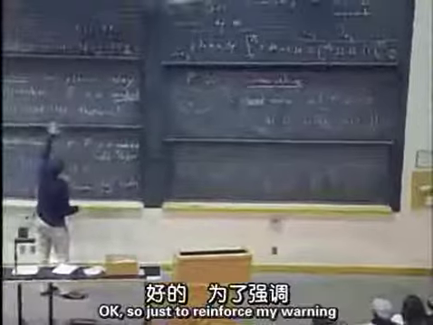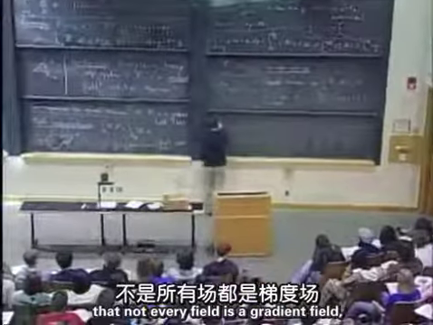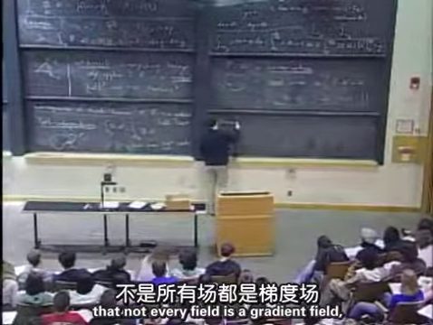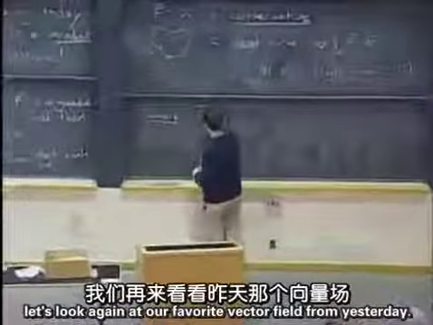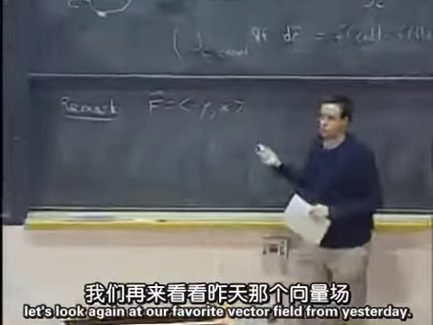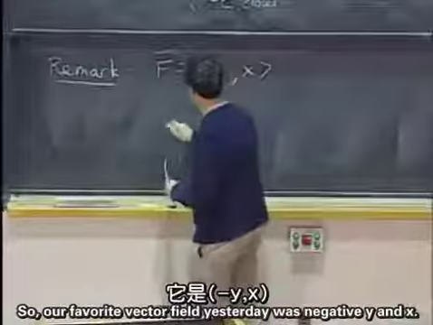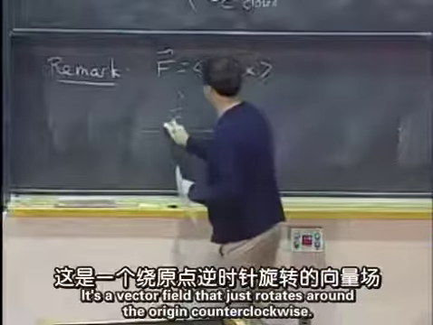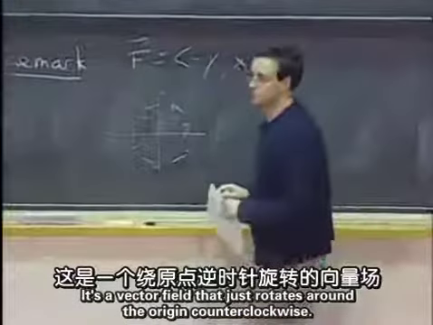Okay. So just to reinforce my warning that not every field is a gradient field, let's look again at our favorite vector field from yesterday. Our favorite vector field yesterday was negative y and x. It's a vector field that just rotates around the origin counterclockwise.